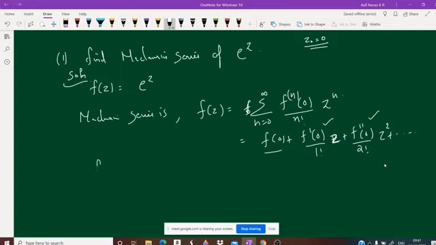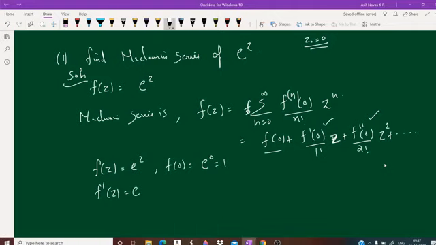So we will find them. We have given f of z is e raised to z, then f of 0 is e raised to 0, which is 1. f dash of z is e raised to z, since the derivative of e raised to z is e raised to z, so f dash of 0 is again 1. f double dash of z is e raised to z again, so f double dash of 0 is 1.